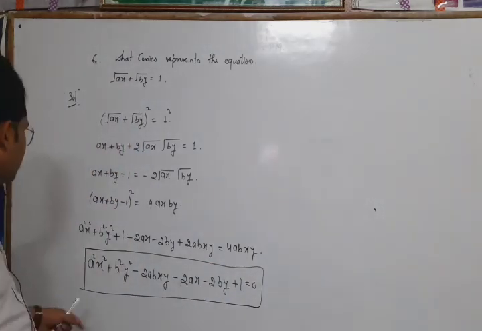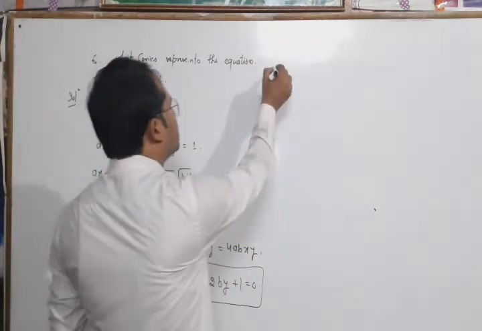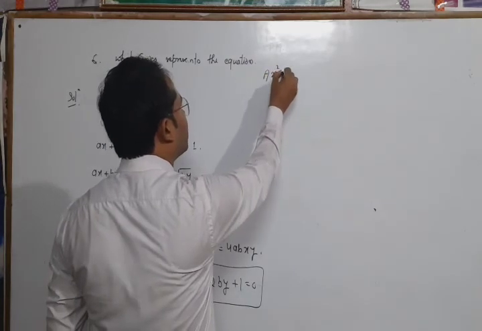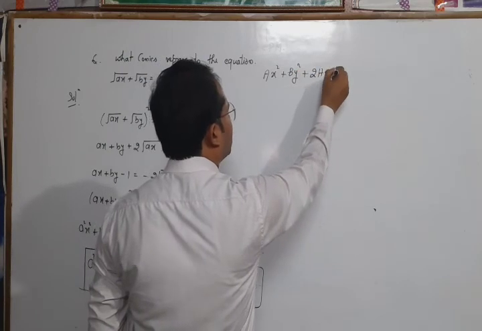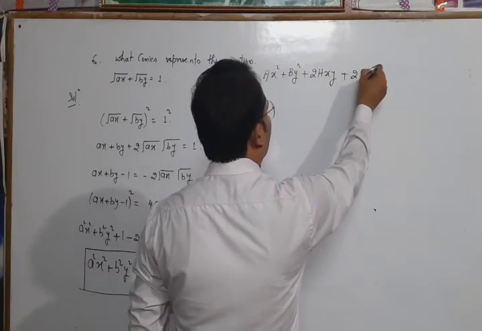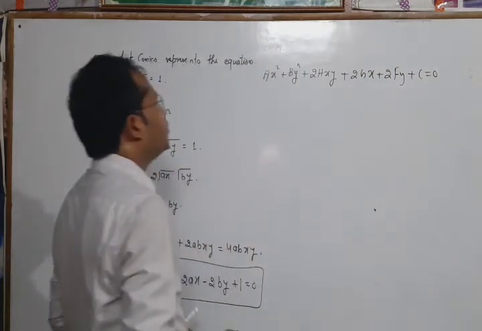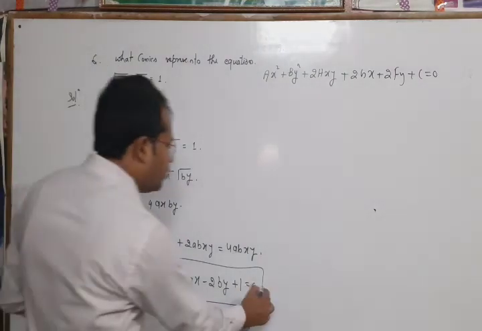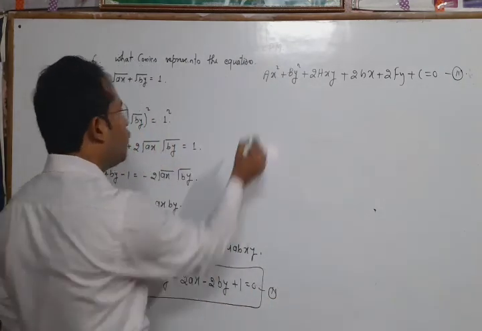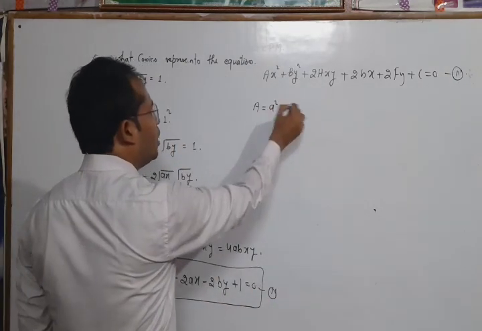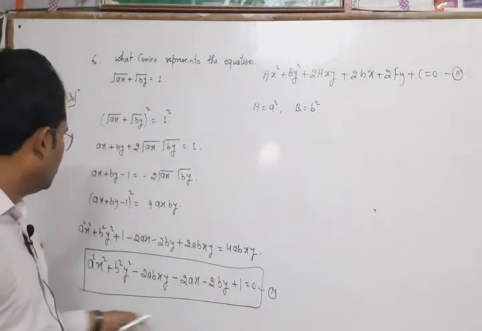By comparison with the general equation, we can get the values of capital A and capital B. The general equation is Ax square plus By square plus 2h xy plus 2gx plus 2fy plus c is equal to 0. By comparing equation 1 and equation 2, A is equal to small a square and B is small b square.